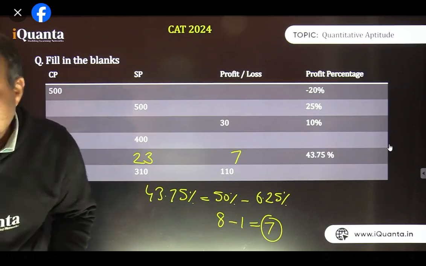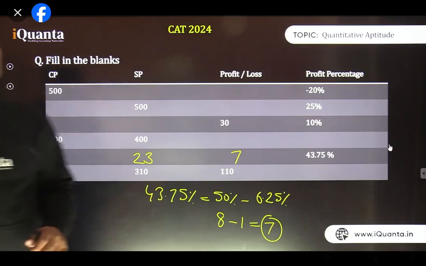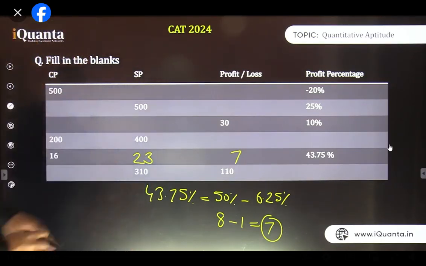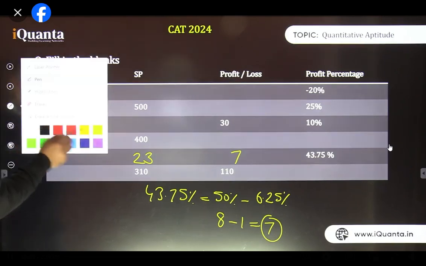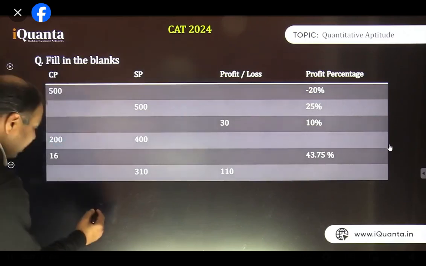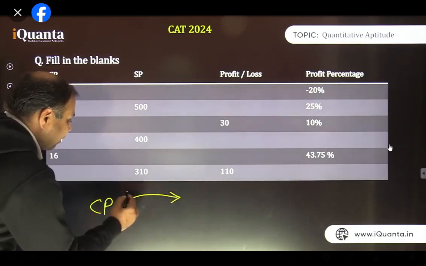The question was the difference between markup and discount. Have you seen the non-engineering videos? Those who have not seen them can get this idea there in a better way. I'm writing the same situation here again for everyone's reference. See, CP was the cost price. When this cost price is increased, we call it markup.